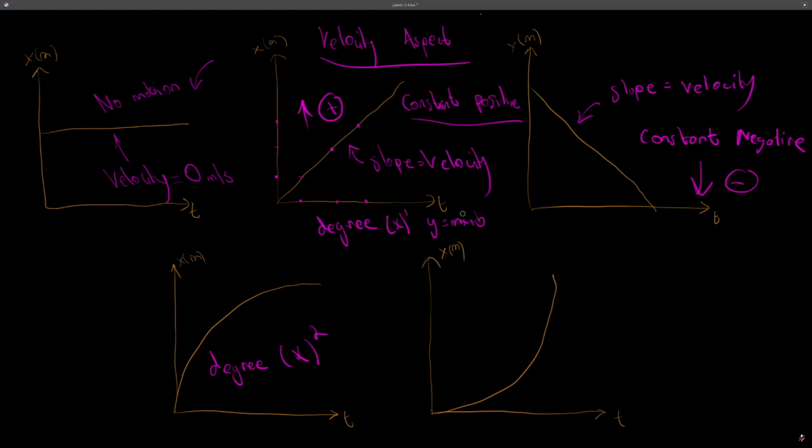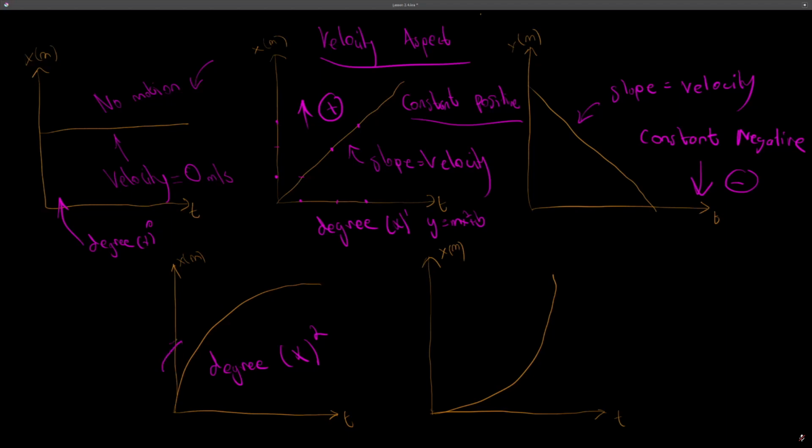And in the horizontal line, the degree is going to be 0, so the degree of x is 0. So no slope, or the slope is 0.